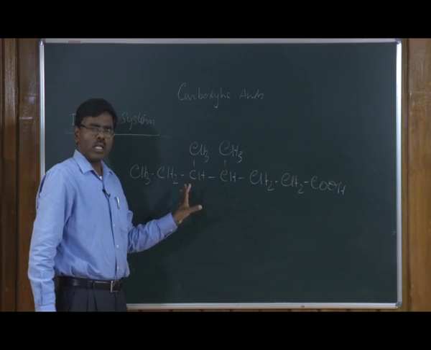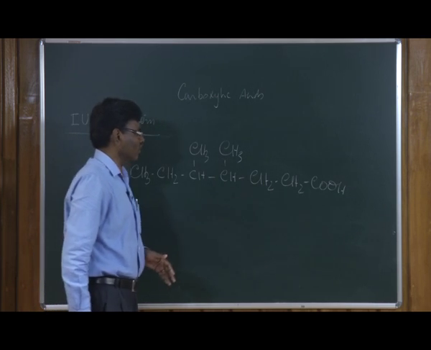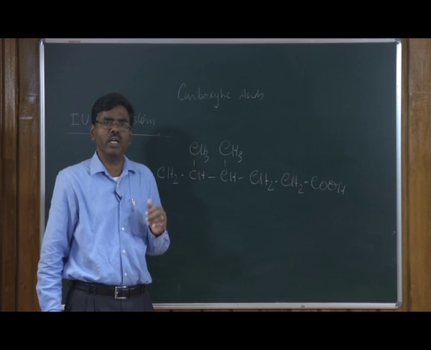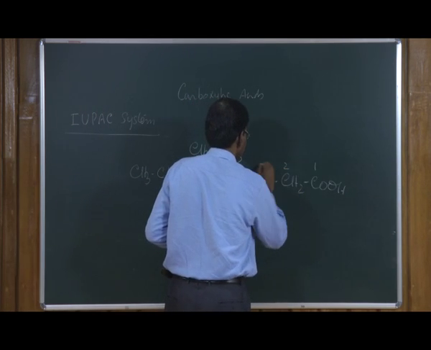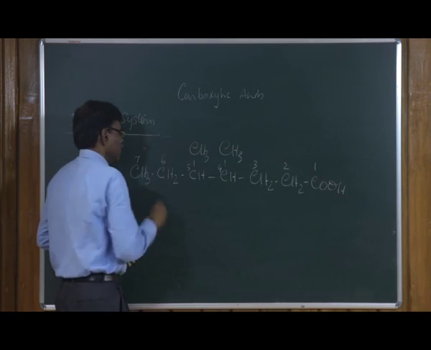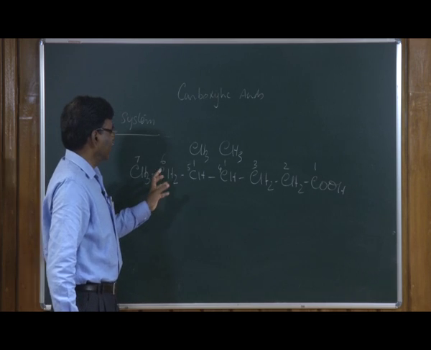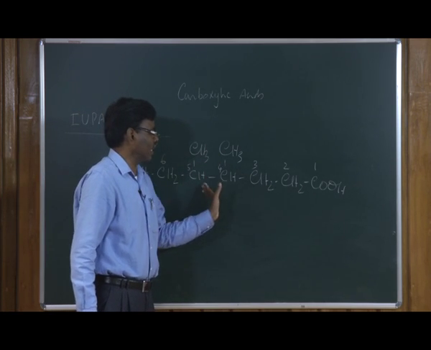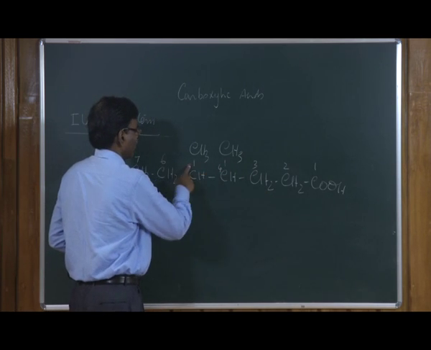We have to find out the longest chain that contains the carboxylic acid functional group. This is the longest chain, and once we find it out, we have to start numbering from the carboxylic acid. Then we have to combine the name and position of the substituent with the name of the carboxylic acid. In this case, we have a substitution at the 4 and 5 carbon atoms.